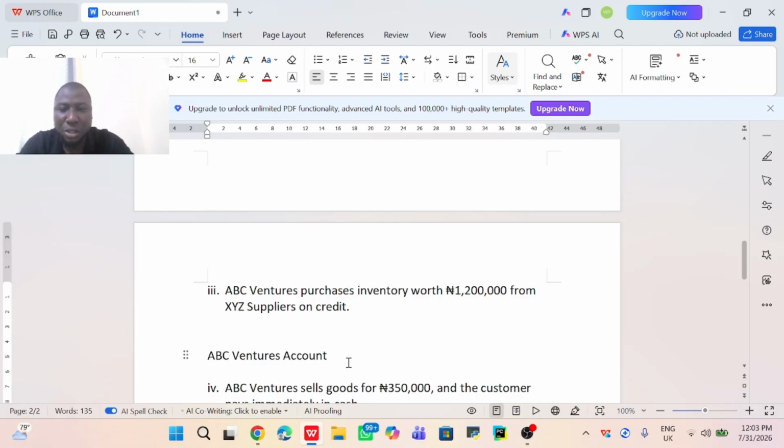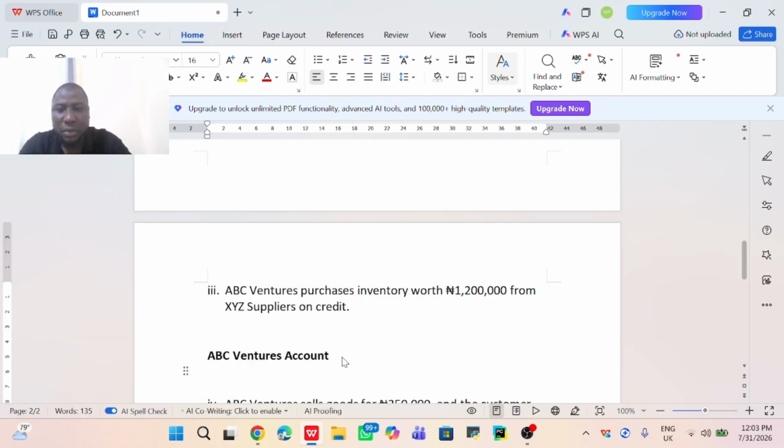ABC Ventures account. What are the two accounts that will be affected? We have inventory account. Inventory, also known as goods. Inventory account. And what?